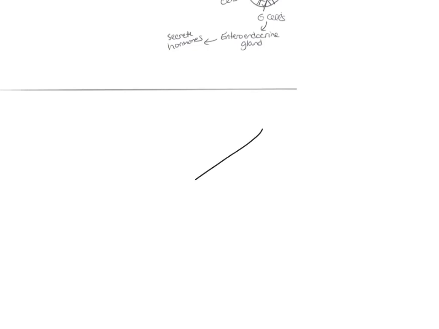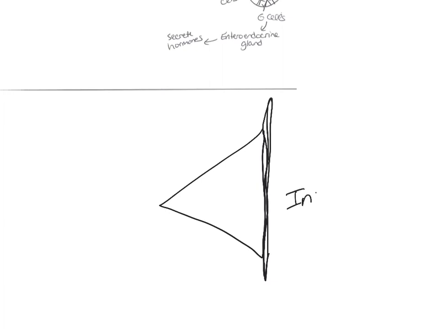All right, so here's our parietal cell. This is the basement membrane. Okay, so this is going to be inside the interstitial tissues. And this out here is the lumen of the gastric gland.